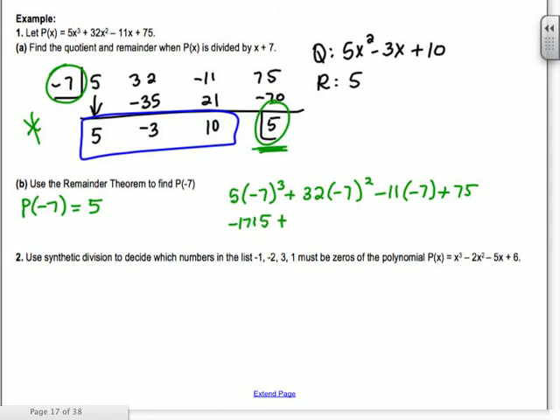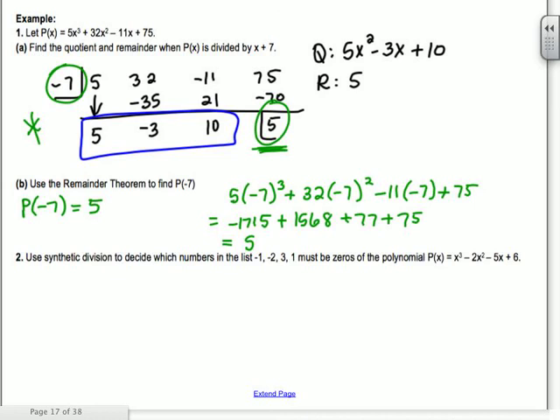So I get negative 1715. The next one I have 49 times 32. So you get 1568 plus 77 plus 75. Still don't really want to do it in my head. I could, but when you end up adding all those together, you do get 5. Okay, so see how what I was saying, sometimes synthetic division is a lot easier.